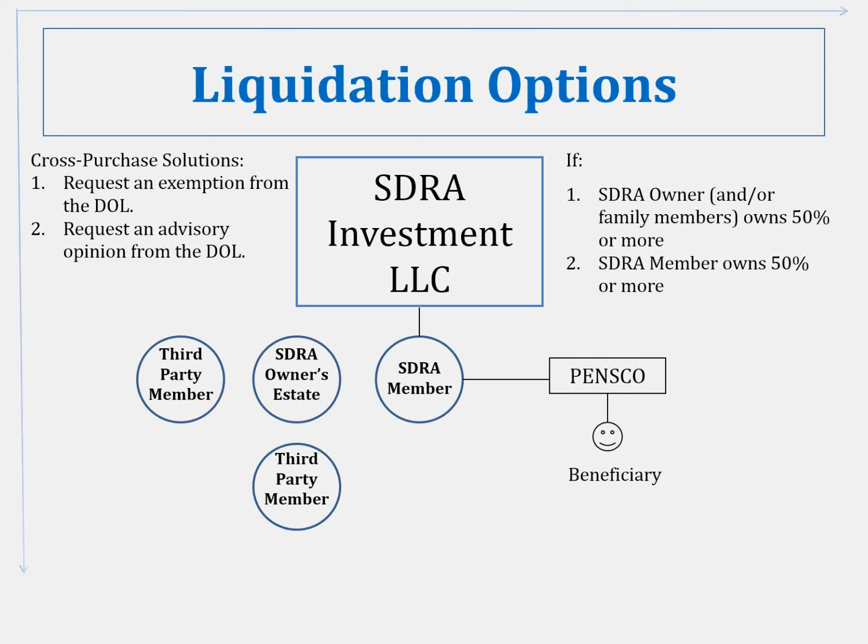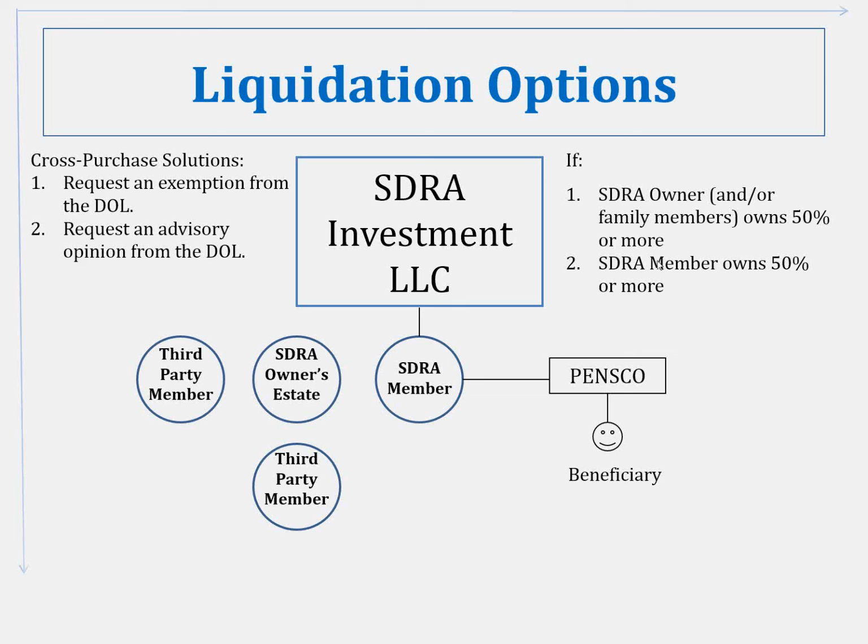Now, what's the advantage of those two? Well, if it turns out that the IRS audits the transaction or third parties say that there's been a prohibited transaction, so the IRA is disqualified, we have our exemption or our advisory opinion to stand up and say, no, these are perfectly okay. Because the Labor Department has the ability to do advance rulings about the qualification of some kind of a transaction under Section 4975.